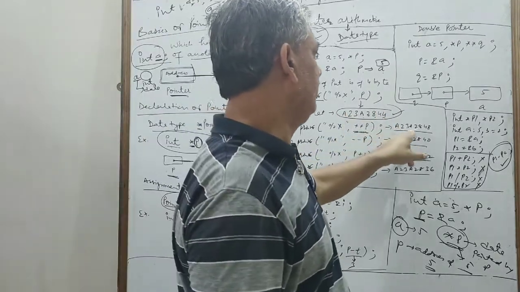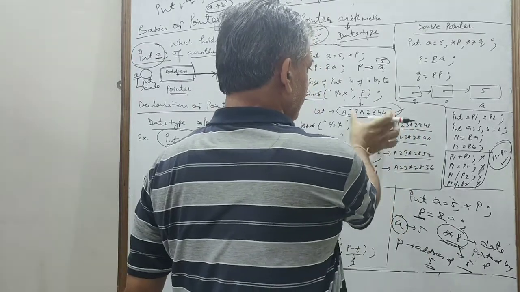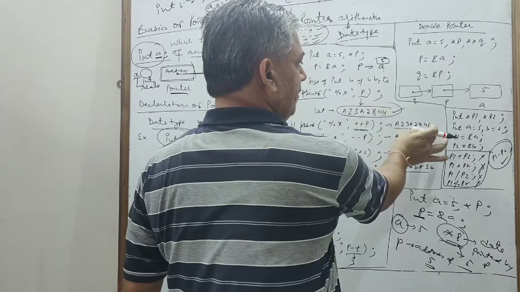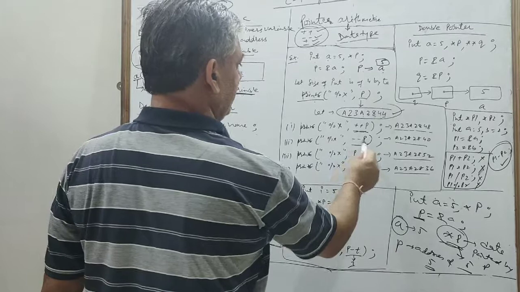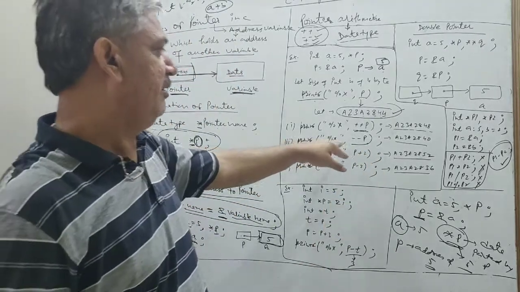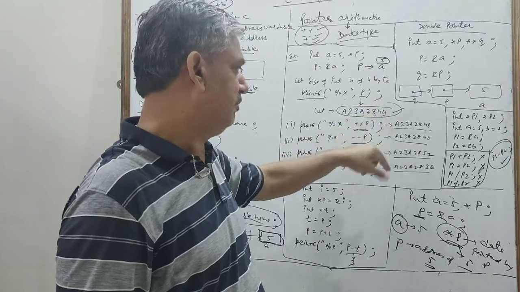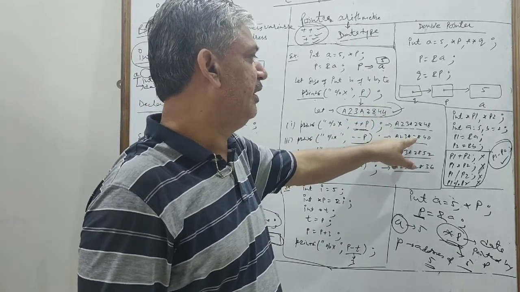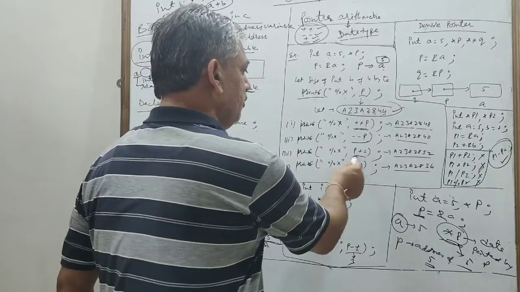We will get A23A2848. Similarly, when we write --p, it decrements this by 4, giving A23A2840.